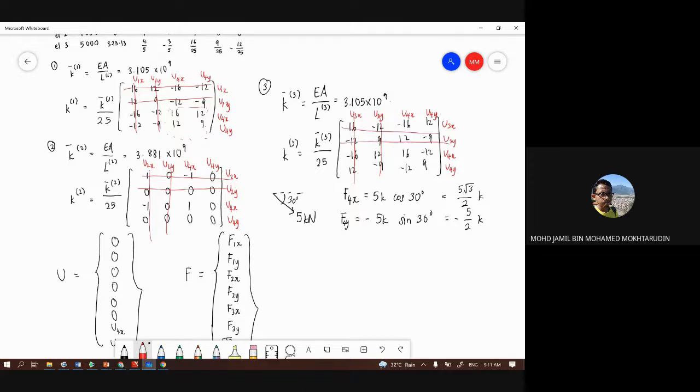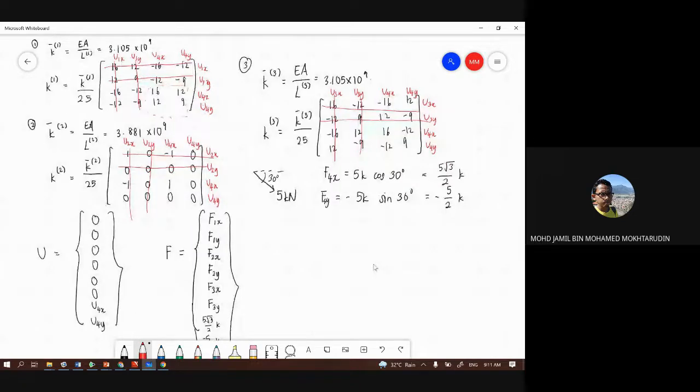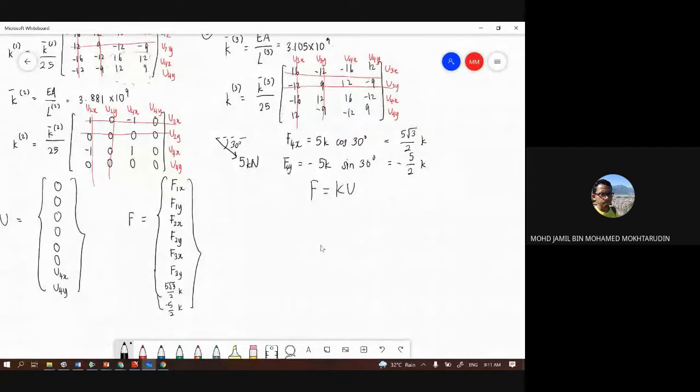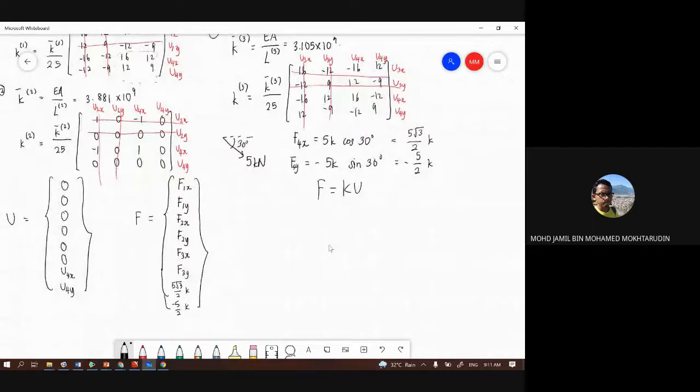Then you can add them up in a matrix. Okay, so force equals kd, and so let's arrange for k first.